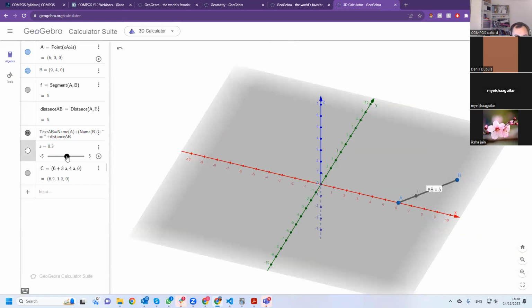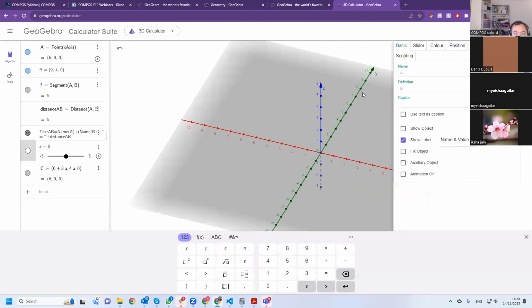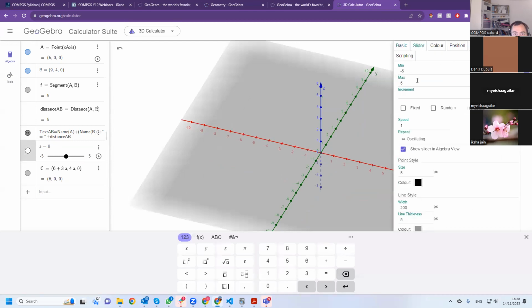Look, and C moves. You can see C moving. So we can change that in settings, with a slider from 0 to 2 seconds.